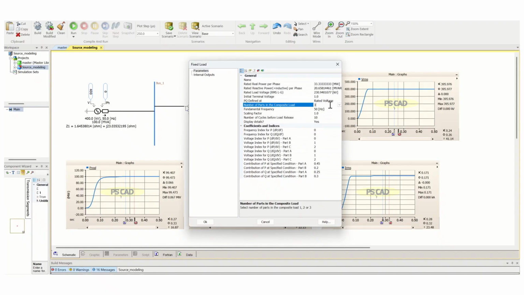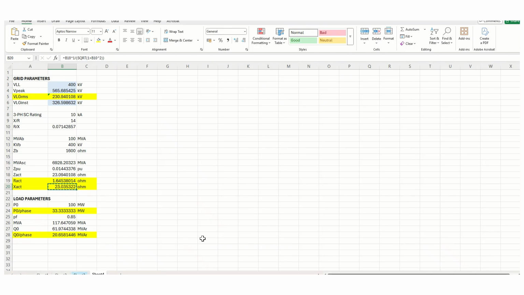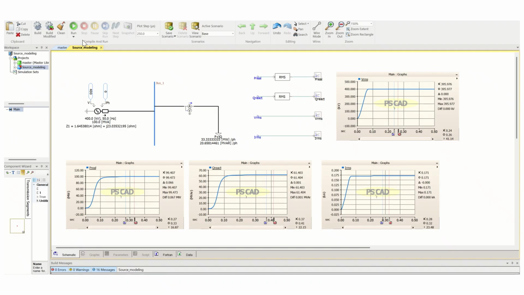Let's consider only constant power load. What will happen? Maybe a slight change we can notice. This is constant power load, and corresponding 10 kiloampere, what we have considered, this 10 kiloampere is the source grid strength, and we will run the simulation just to check this voltage. 395.912.